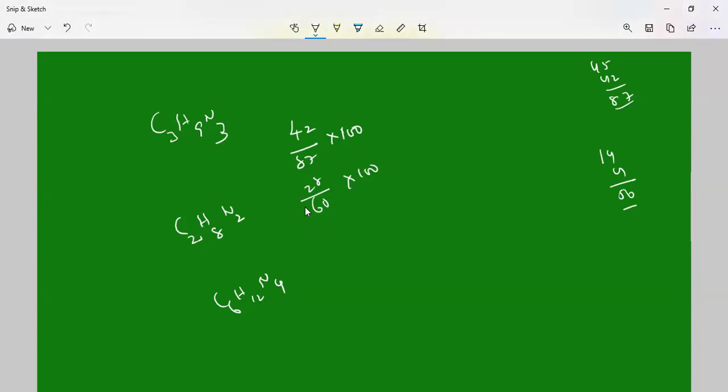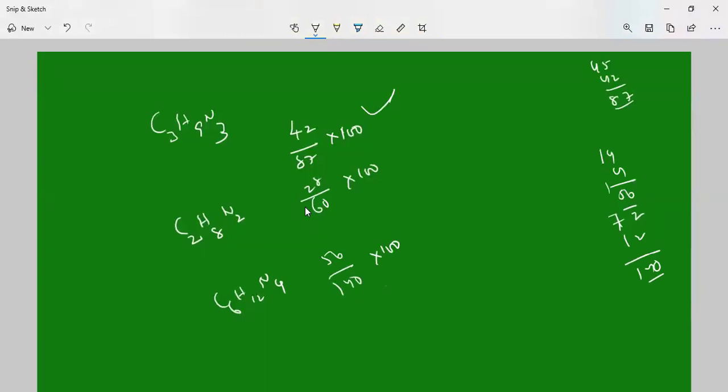Now 6 carbons is 72, and 12 hydrogens is 12. So 72 plus 12 is 84, plus 56 gives 140. So 140 is the mass. In that, nitrogen is 56, so 56 by 140 into 100.